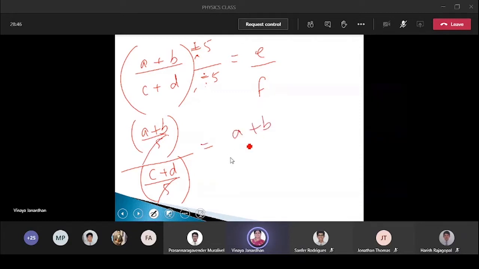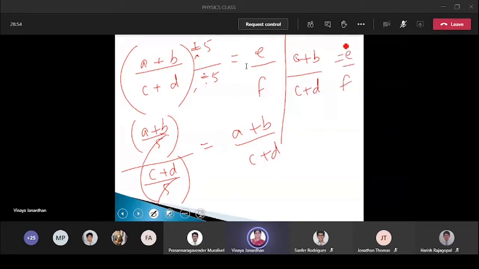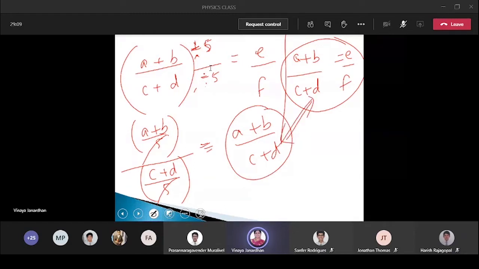A plus B by C plus D was your previous expression, equal to E by F, right? When I divide the numerator by 5 and simultaneously divide the denominator by the same amount, I'm still getting the same expression.